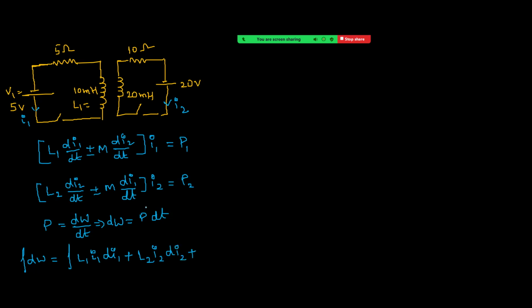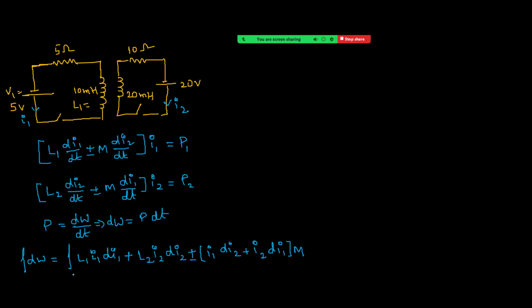See next what is left: M into I1 into di2 plus M into I2 into di1. I am writing here plus or minus M into I1 di2 plus I2 di1. Okay.